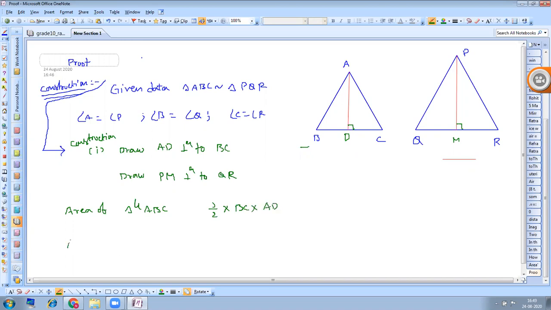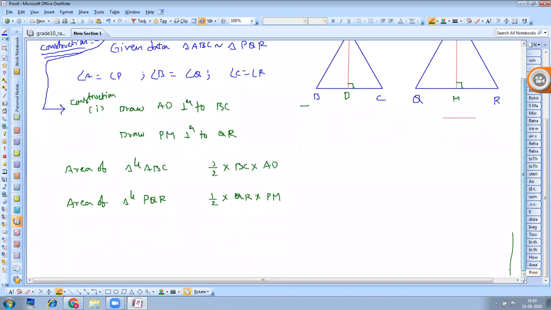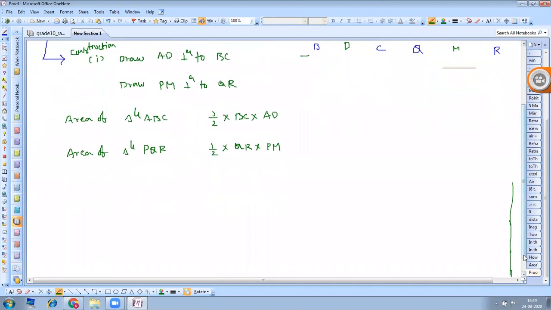From here, area of triangle PQR: half into QR into PM. So I need the ratio of the areas, correct or not? In the proof, what you have to do? I need to prove the ratio of the areas equal to something, correct or not?